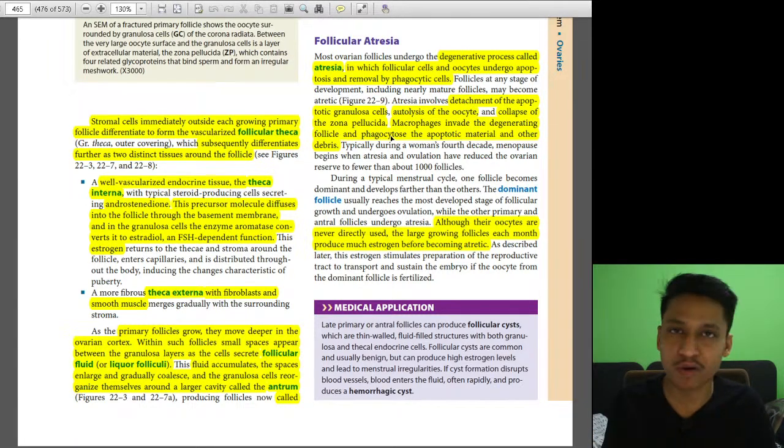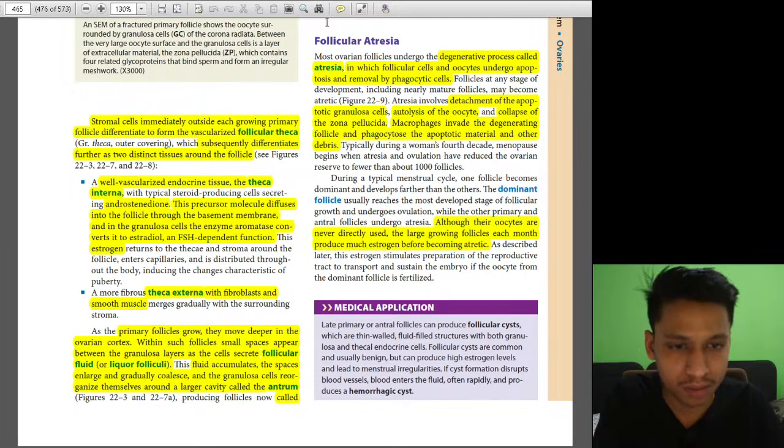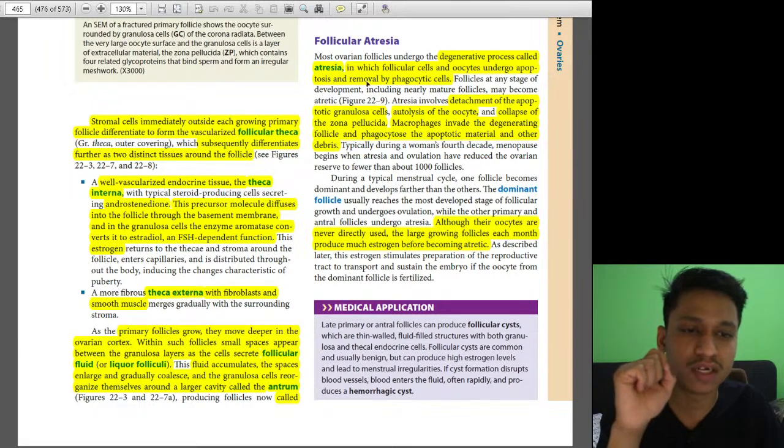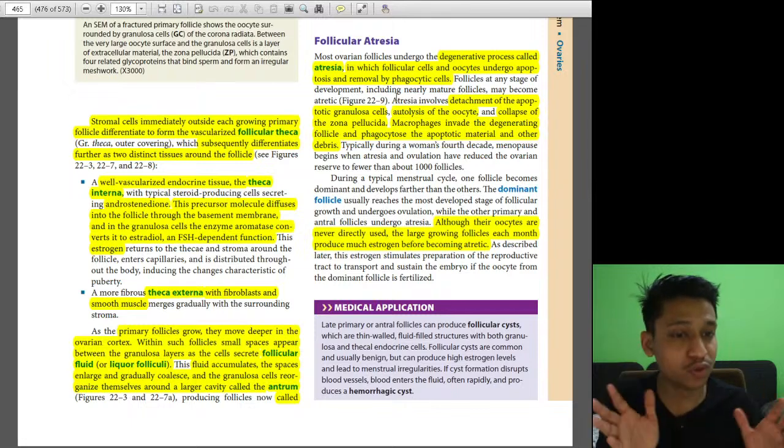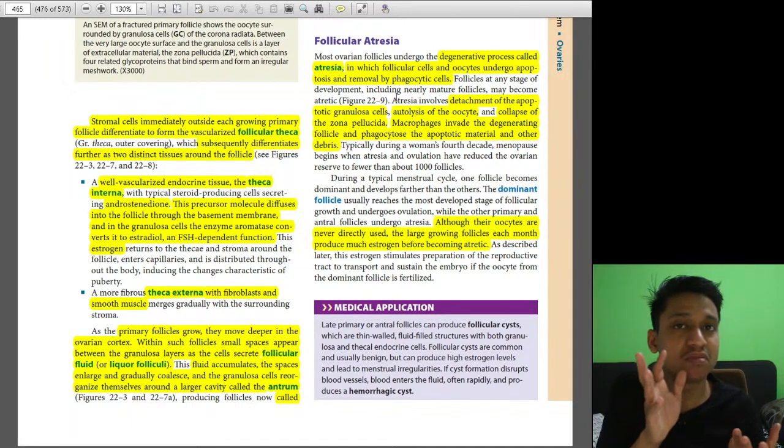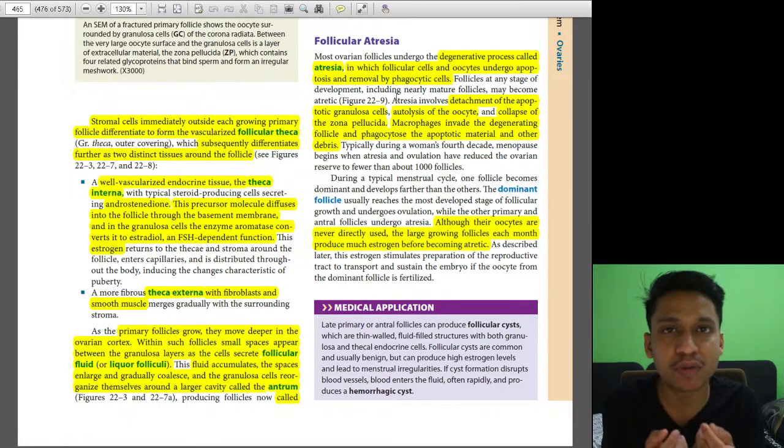Unfortunately, they undergo a degenerative process called atresia. Most ovarian follicles undergo atresia, in which follicular cells and oocytes undergo apoptosis and are removed by phagocytotic cells. Follicles at any stage of development, including nearly mature follicles, may become atretic. Maybe they come close to becoming mature but still undergo atresia.